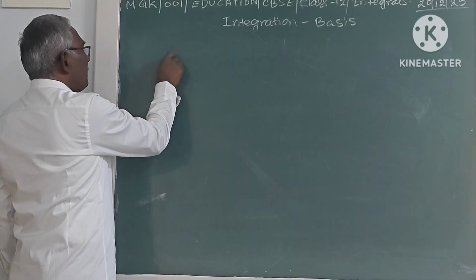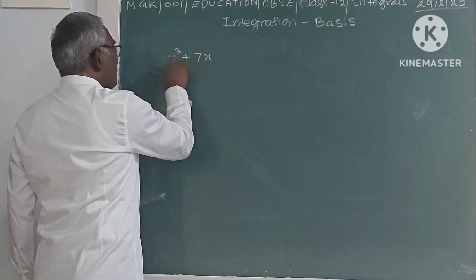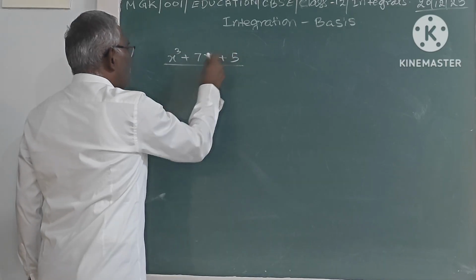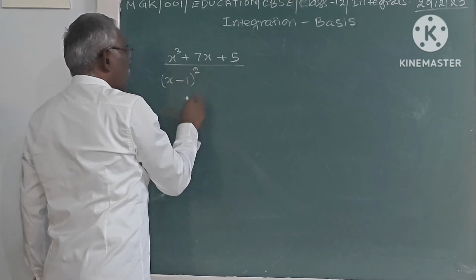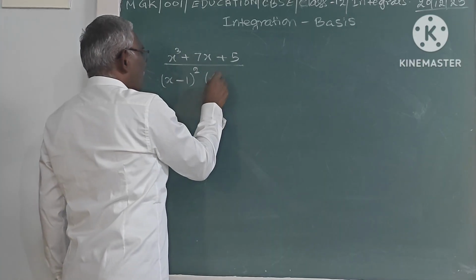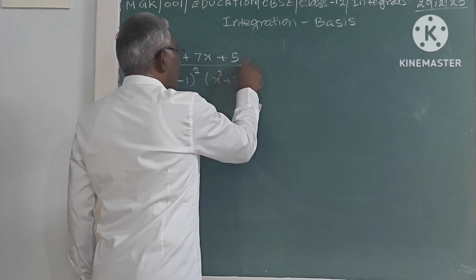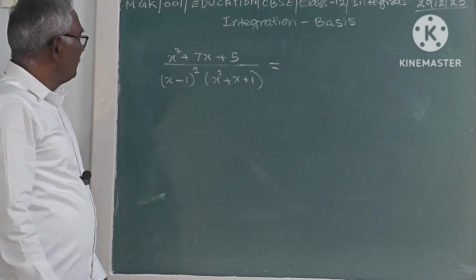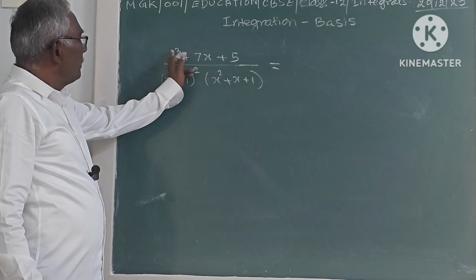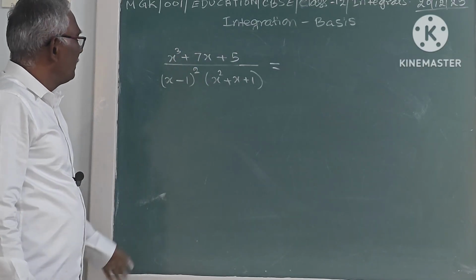Suppose the rational expression is x cube plus 7x by x minus 1 whole square into x square plus x plus 1. Then how to write this now? Degree of numerator is 3, denominator is 4, so it is a proper fraction.